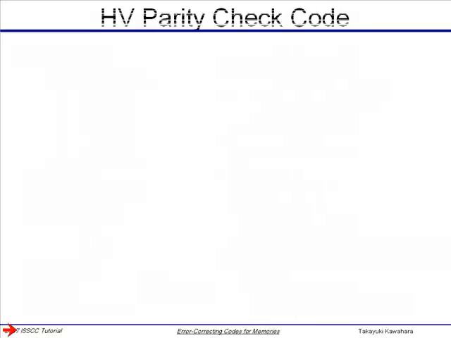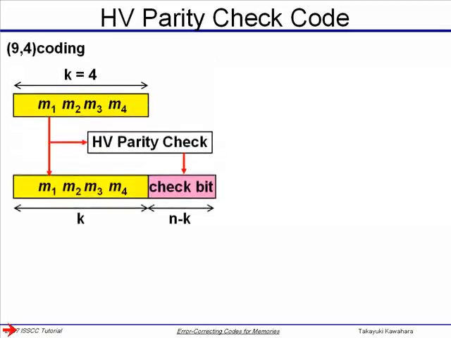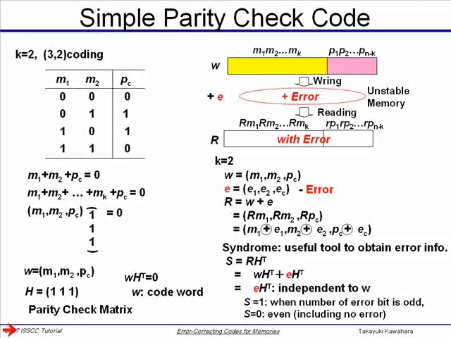Then we move to another example to study further: the horizontal vertical parity check code, because the simple parity check code only checks the error, it does not correct the error. So therefore, we go further.